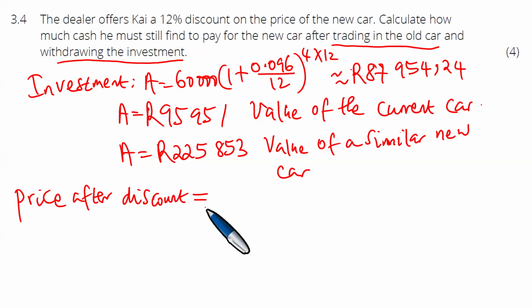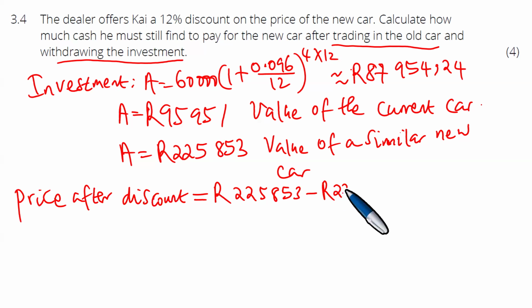If it's a 12% discount, you take the price of a similar new car, 225,853, and then you subtract 12% of 225,853.